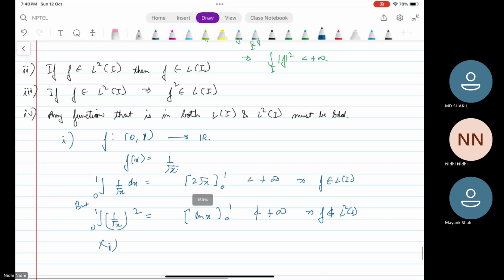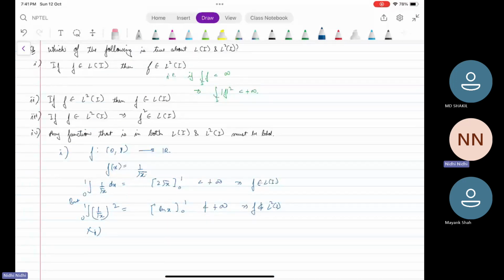Then second, it says that if f belongs to L2, if the square is integrable, then the function should be integrable as well. So can you find a counterexample for this? 1 by x, its square, 1 by x squared will be integrable on 1 to infinity.